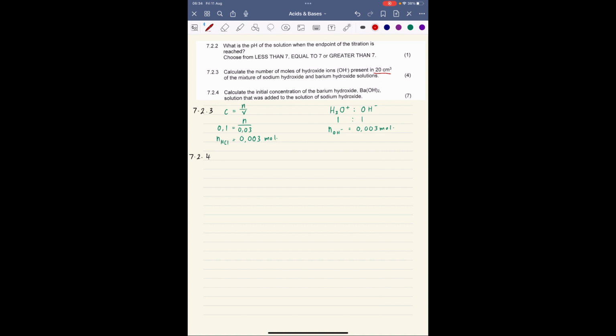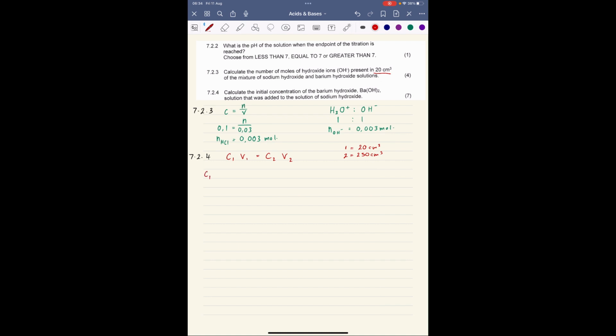I want to know the concentration there. So I'm going to say C1V1 is equal to C2V2. Let's take 2 as the 250 centimeter cube solution and 1 as the 20 centimeter cube solution. So we know the concentration, we can find the concentration of OH. We can find C1.